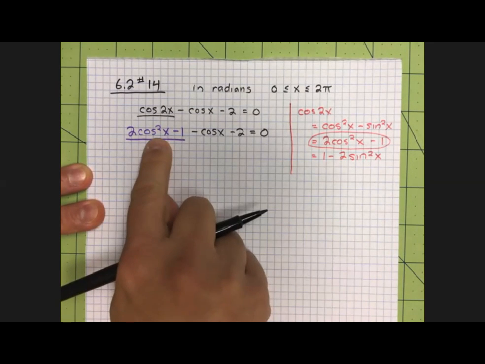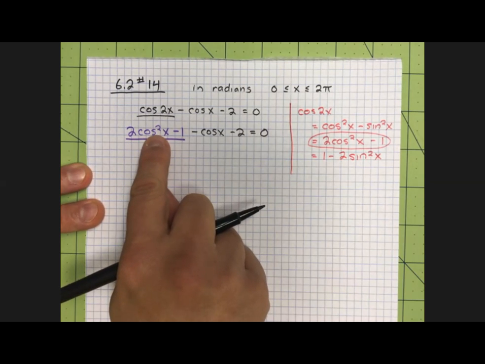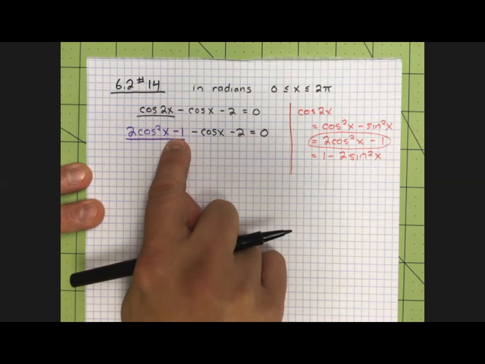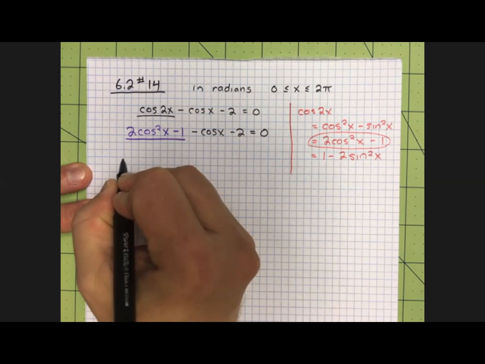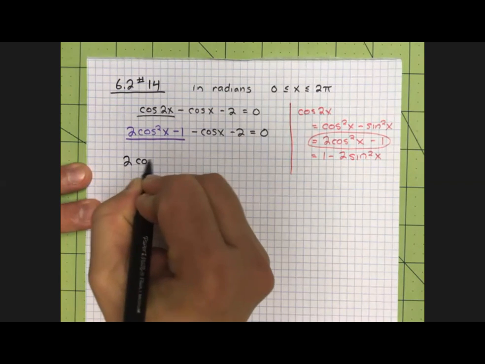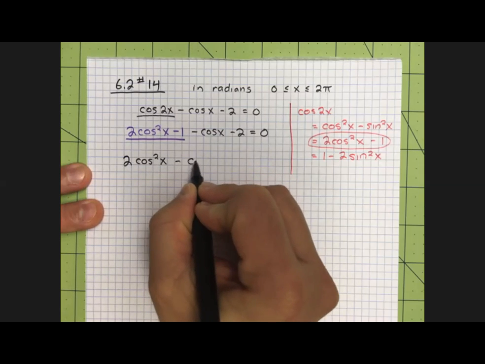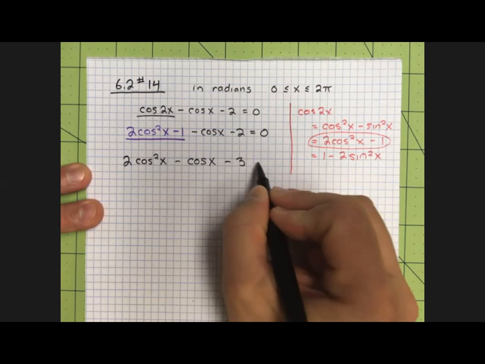Now you can complain that you introduced a square there. That makes it more work. Yeah, but we've already done a couple with the quadratic formula, so this doesn't seem impossible to me. Let's gather together any like terms, like minus 1, minus 2 is minus 3. So let's rewrite this as 2 times the cosine squared x minus the cosine x minus 3 equals 0.